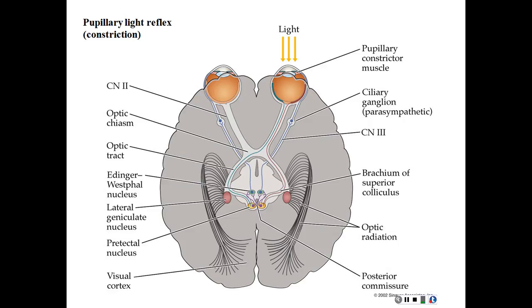But look what's happening. These axons from the right eye are providing innervation to both the right and the left tectal nuclei simultaneously. These neurons project onto who? Anybody? They project directly onto the Edinger-Westphal nucleus. Why Edinger-Westphal? Because these are the preganglionic parasympathetic neurons in the midbrain that are responsible for pupillary constriction.